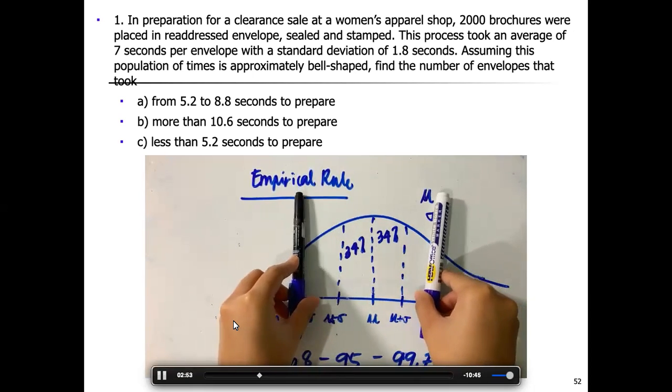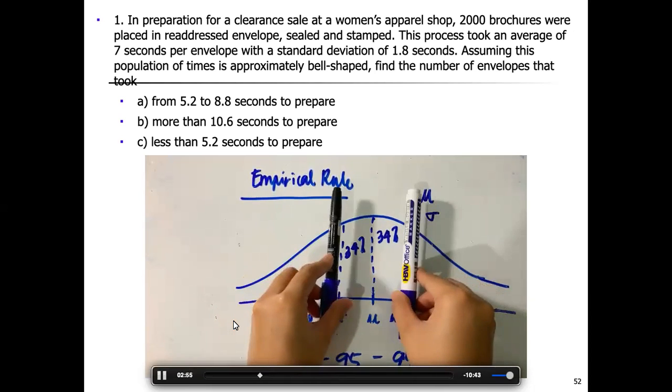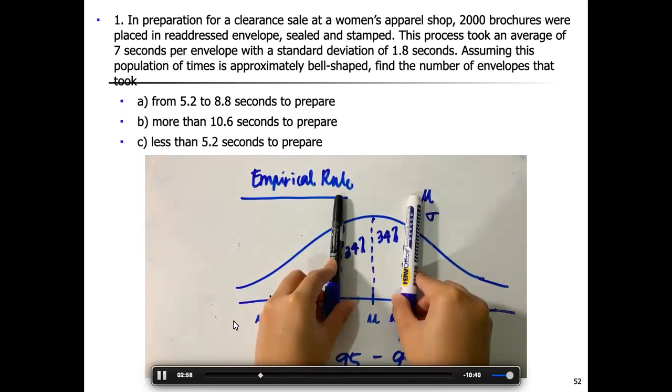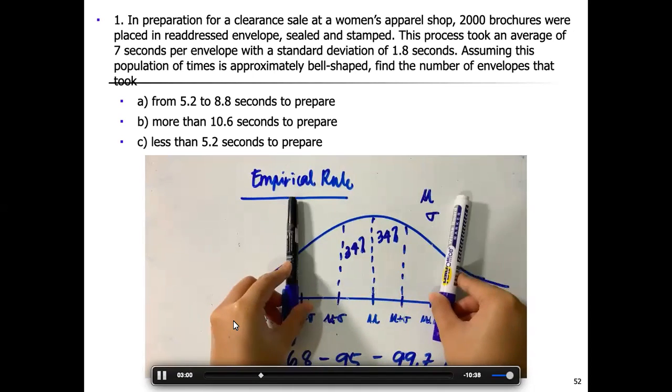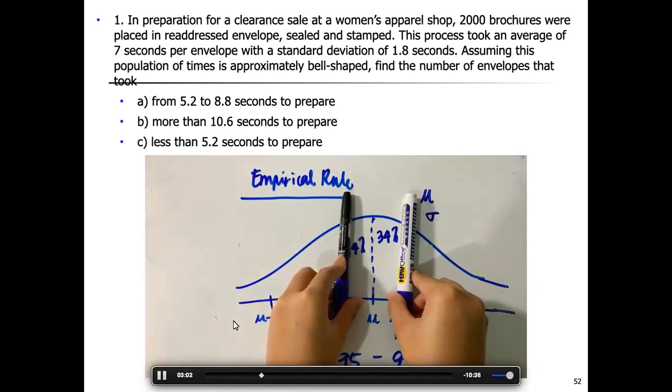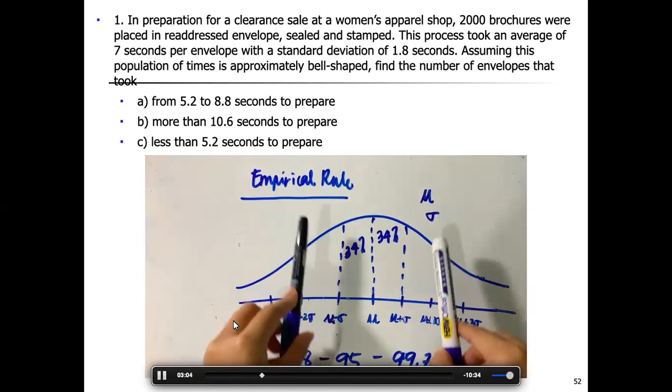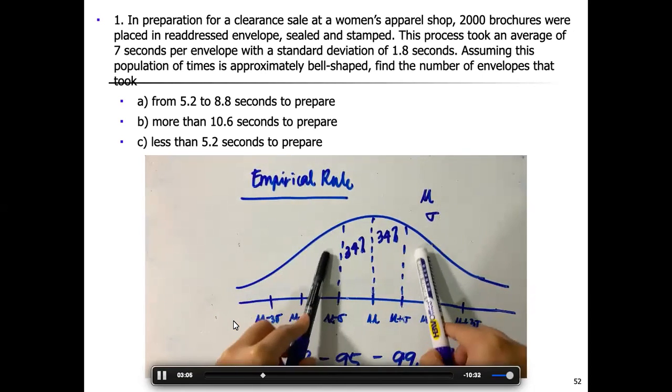So if this is the 95% total, and we already have 68% in this case, then 95 minus 68 will give me the remaining percentages in these two regions.